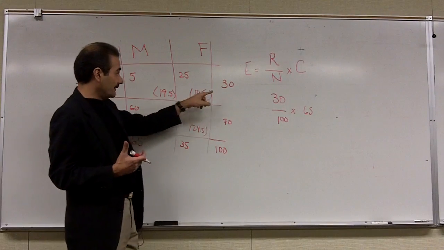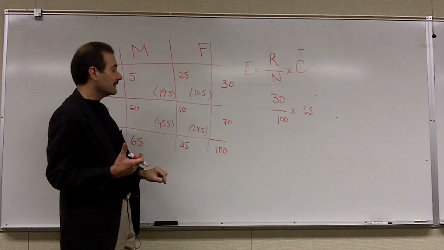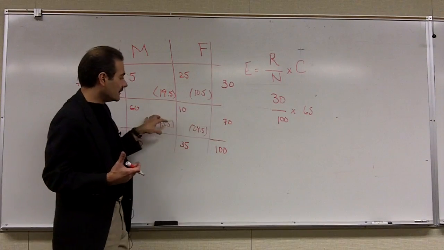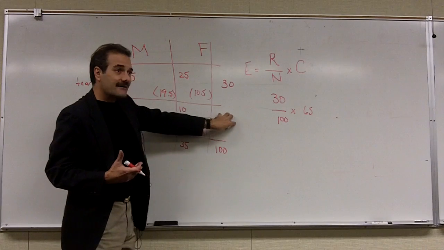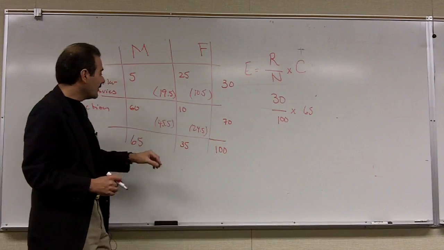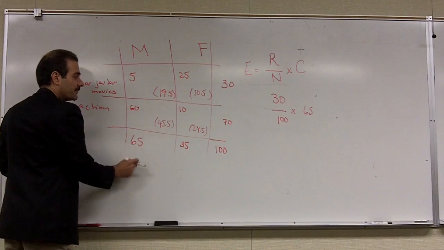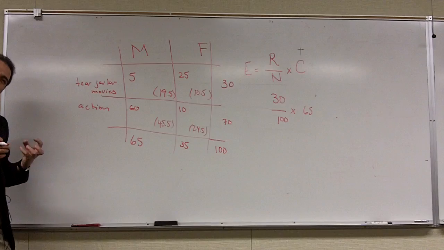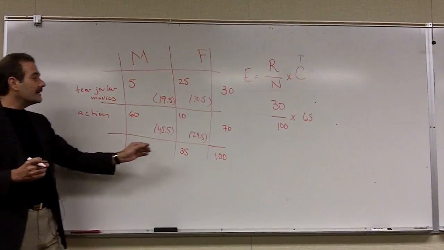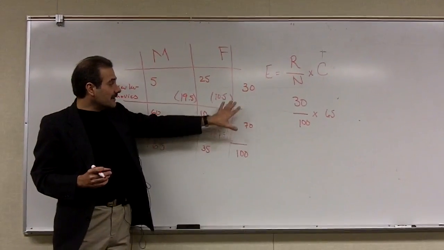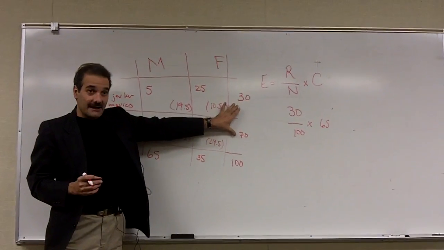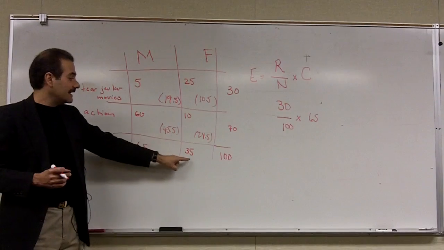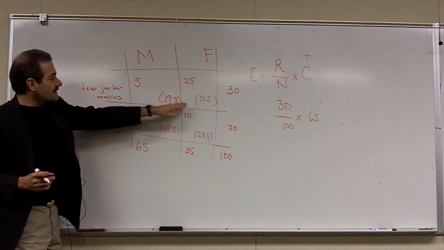Then you multiply 0.3 again times 35. And you'd get these two scores. Then when you take this row, you're looking at 70 divided by 100, which is 0.7. 0.7 times 65 gives you this proportion, and 0.7 times 35 gives you this proportion. Do you see how it's taking into account the proportion here, and you're calculating these expected values based on the results in each column? So these are the expected values.